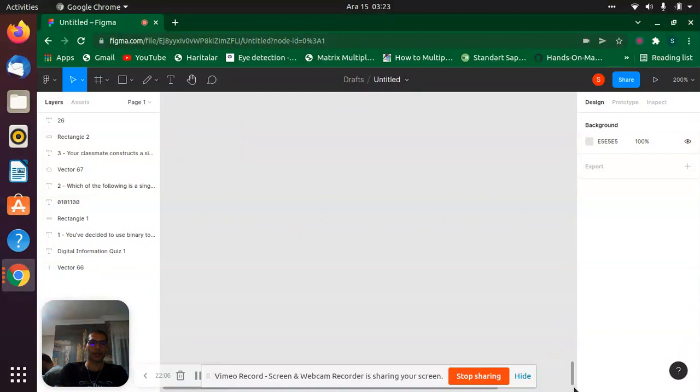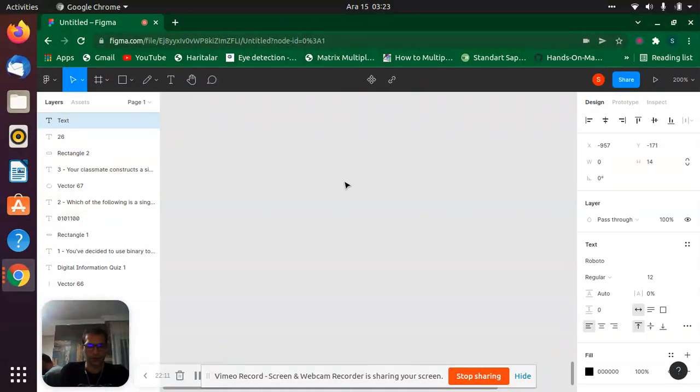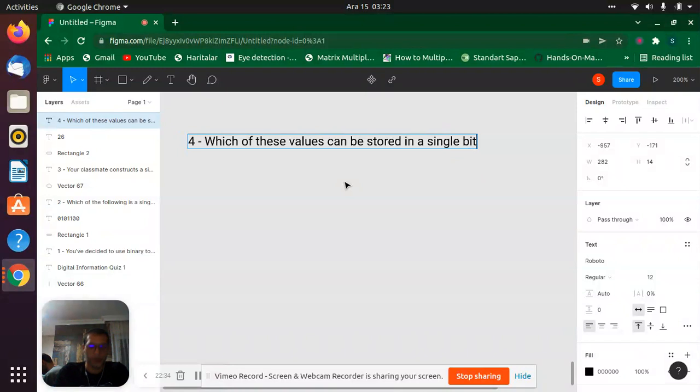Let's look at question 4. Yes, let's do it together. What is 4? Which of these values can be stored in a single bit?